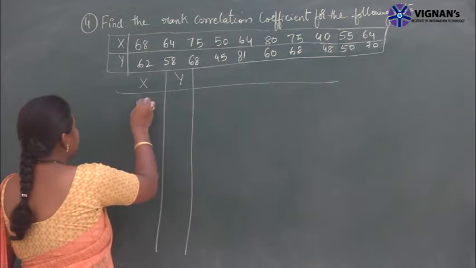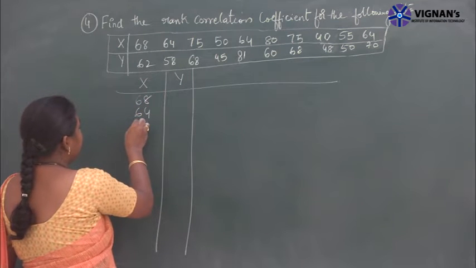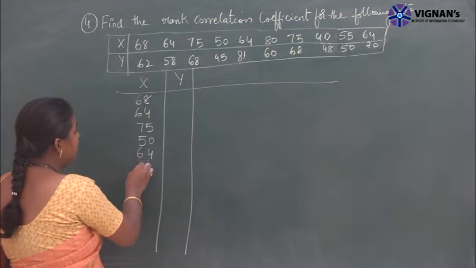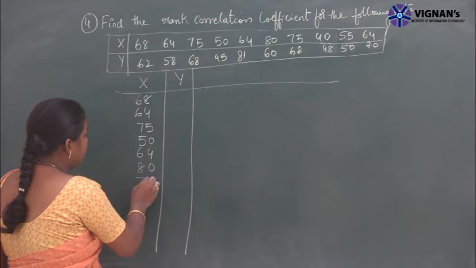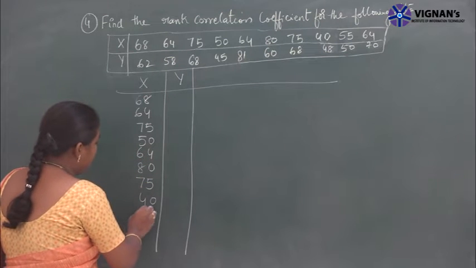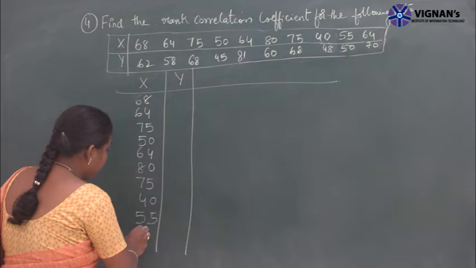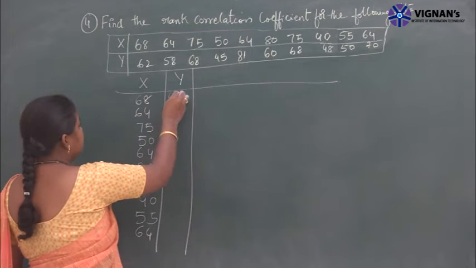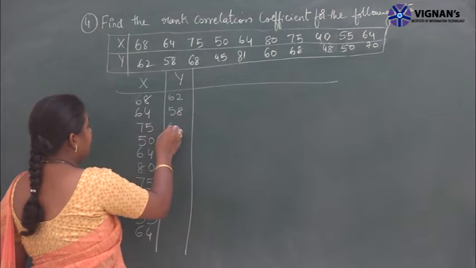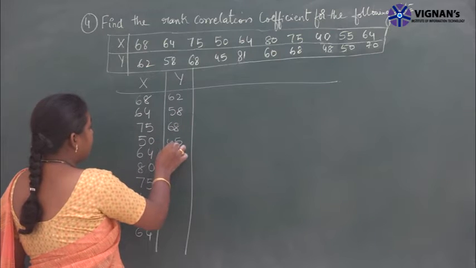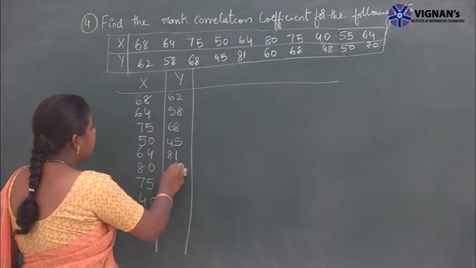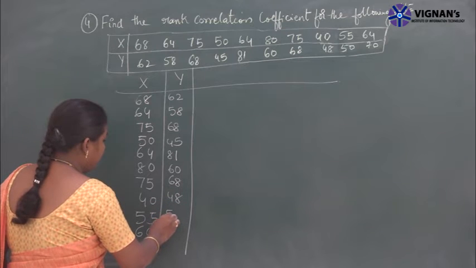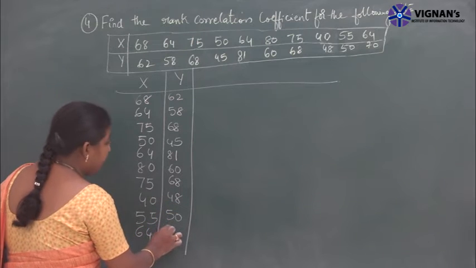X values are 68, 64, 75, 50, 64, 80, 75, 40, 55 and 64. Next we are taking y values: 62, 58, 68, 45, 81, 60, 68, 48, 50 and 70.